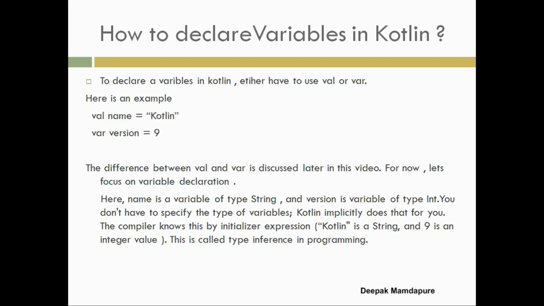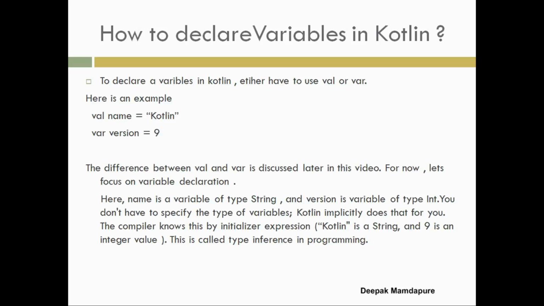Here, name is a variable of type String and version is a variable of type Int. In Kotlin, you don't have to specify the type of variables because Kotlin does that implicitly for you. The compiler knows this from the initializer expression.